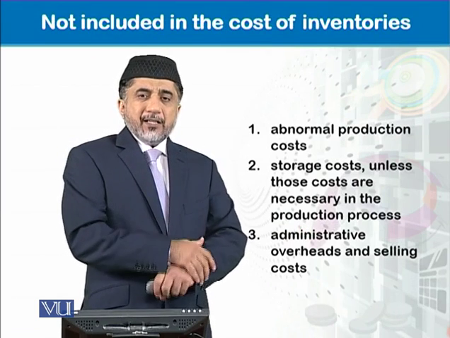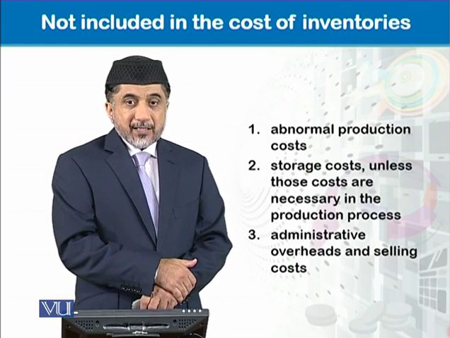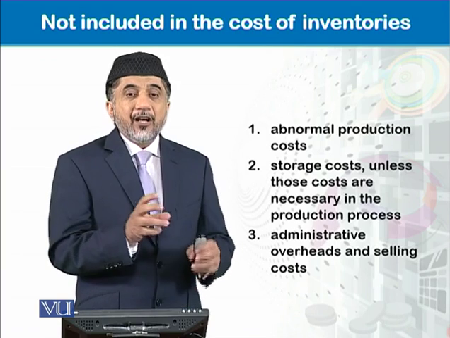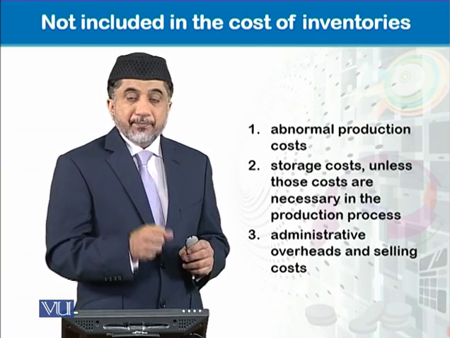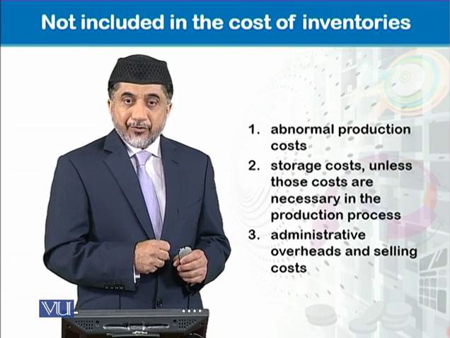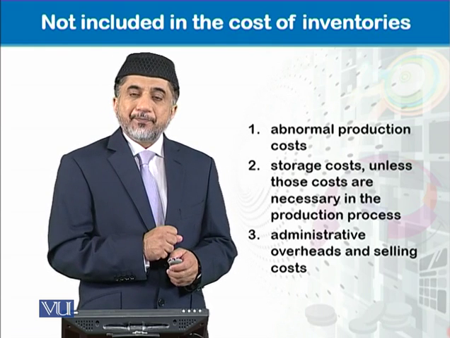The important thing to discuss at this stage is that there are a few costs which we do not include in the cost of inventory. These are abnormal production costs.